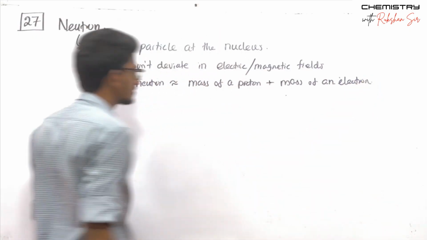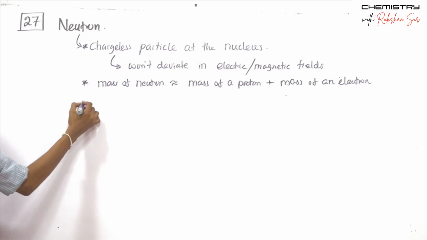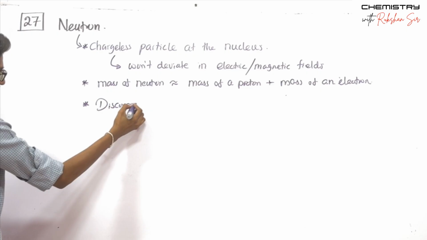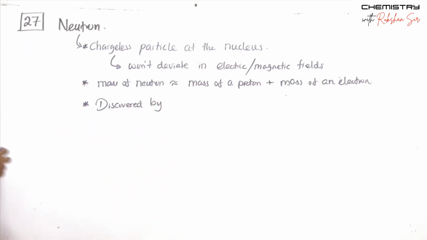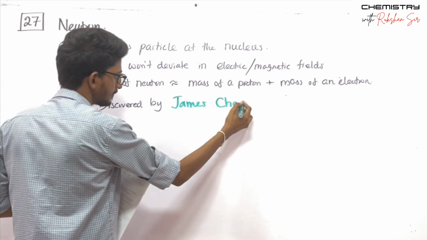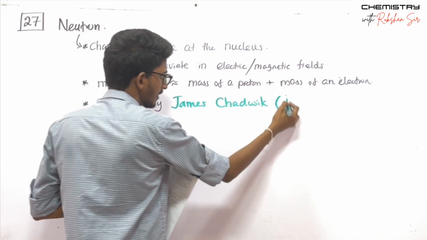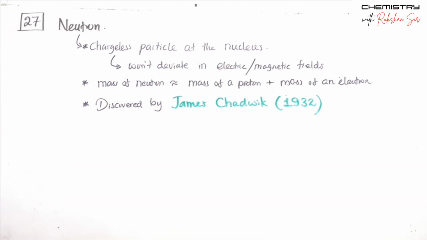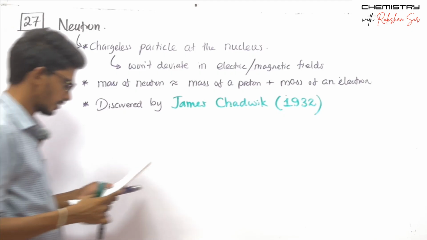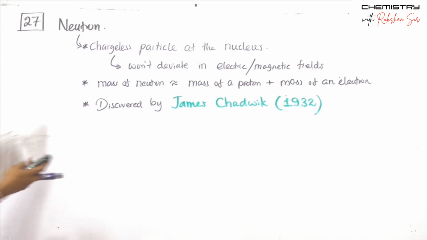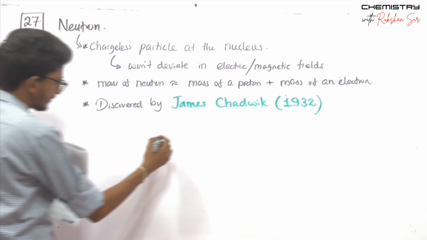This is what we have learned up to now about the neutron, and it was discovered by James Chadwick in 1932. So for question number 27, the answer is James Chadwick, answer number 3.